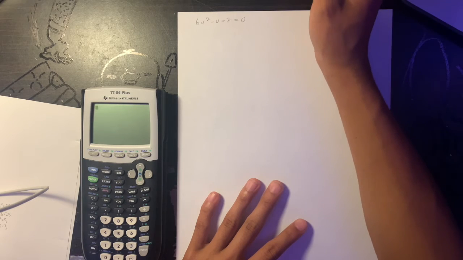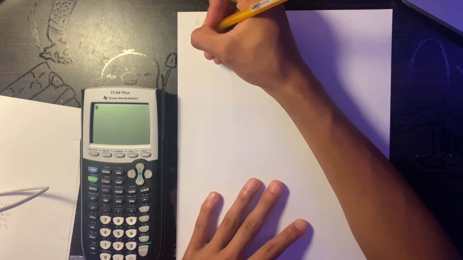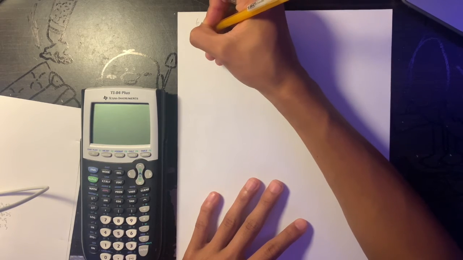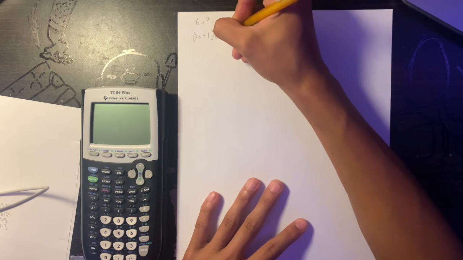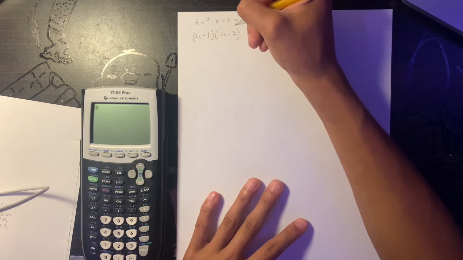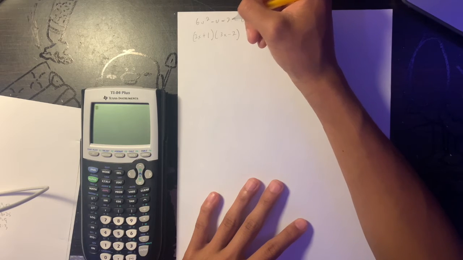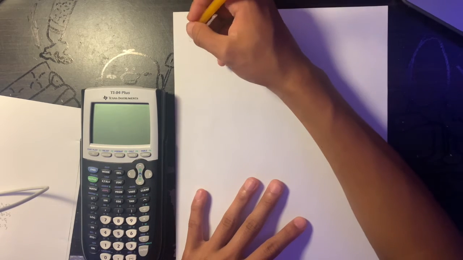Yeah, 3 and 2. So we can factor that into 2u plus 1 and 3u minus 2, which gives us solutions. Oh, not x, u. I'm using u.